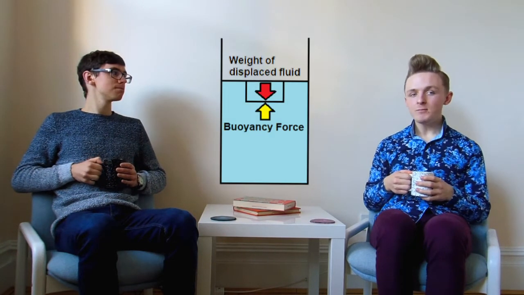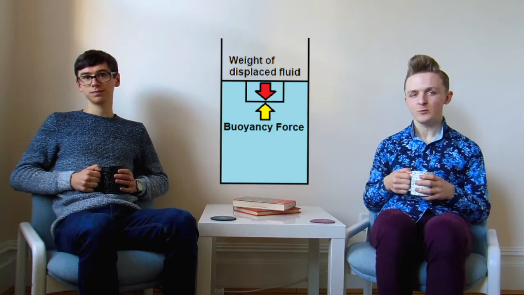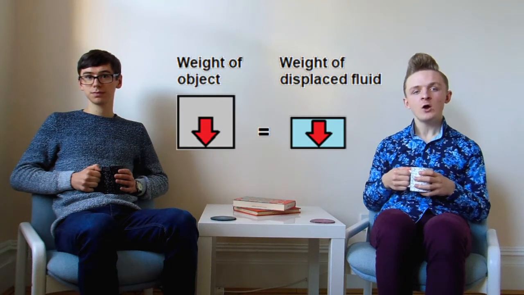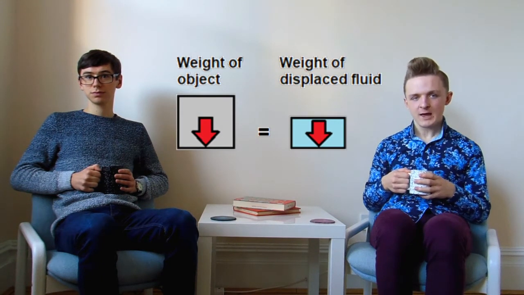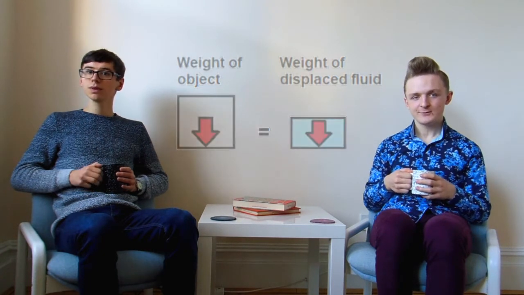However, by Archimedes' principle, the buoyancy force is equal to the weight of the fluid displaced. Therefore, the weight of the fluid displaced must equal the weight of the object. This is what causes something to float, and so is known as the principle of flotation.